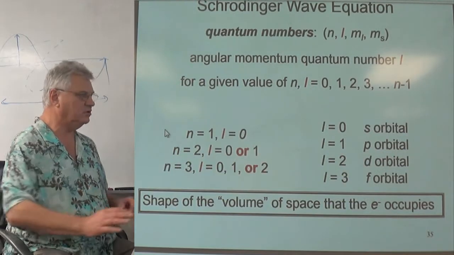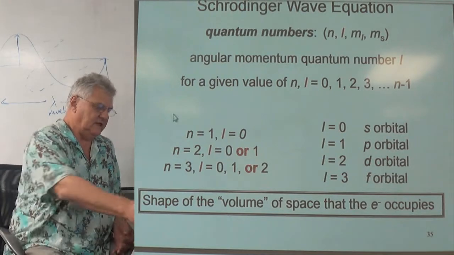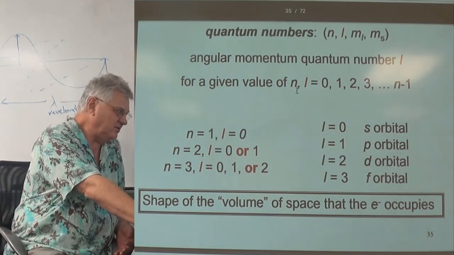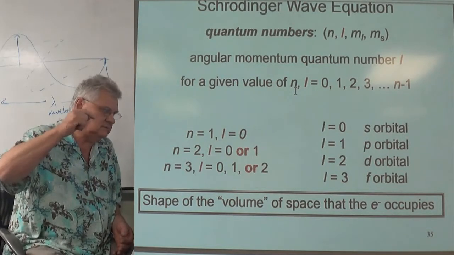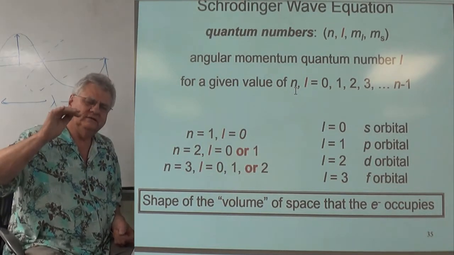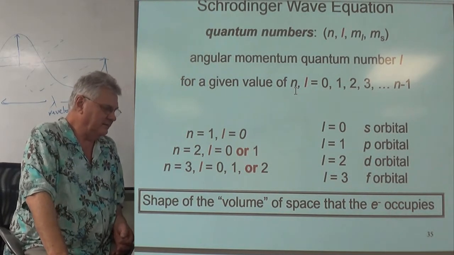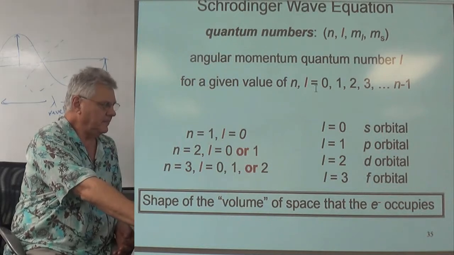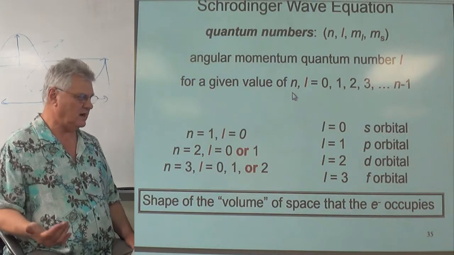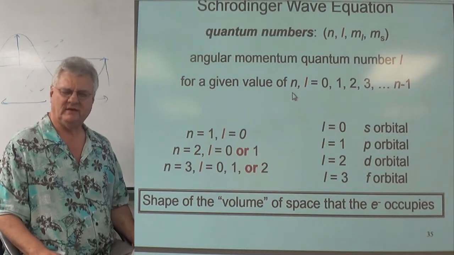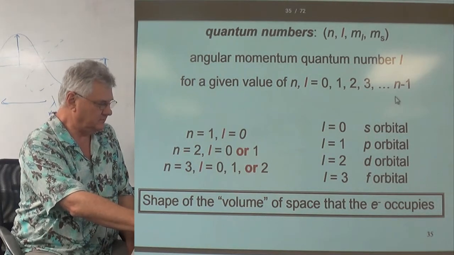Next is the angular momentum quantum number L. And it's key here that for a given value of n, each L is dependent upon the value of n. L is equal to 0 up to n minus 1. So when n is equal to 1, there's only one possible value for L, and that's 0, because 1 minus 1 is 0.